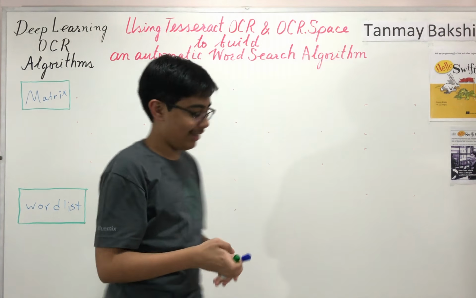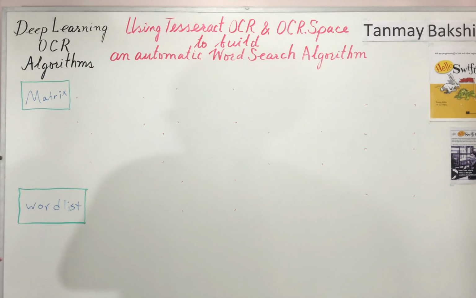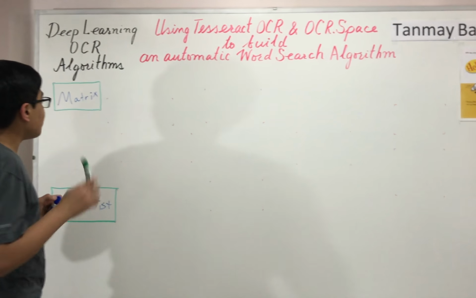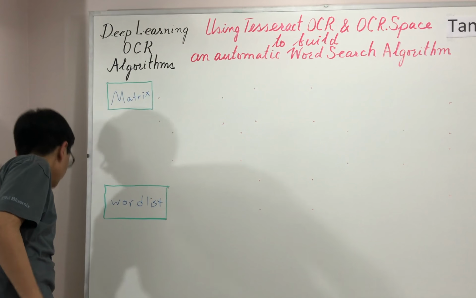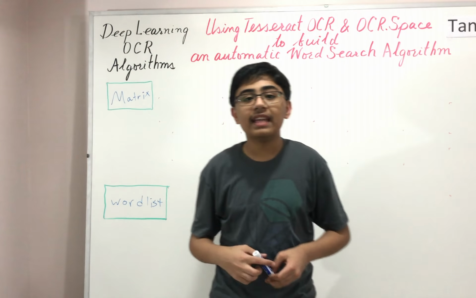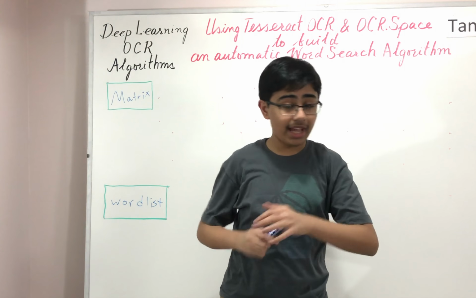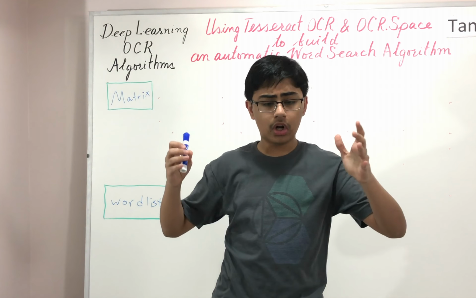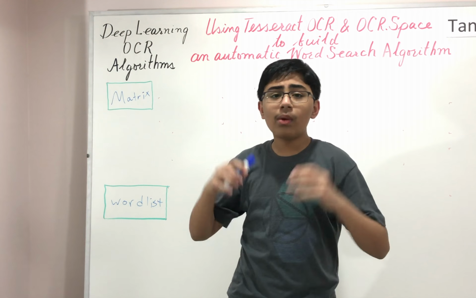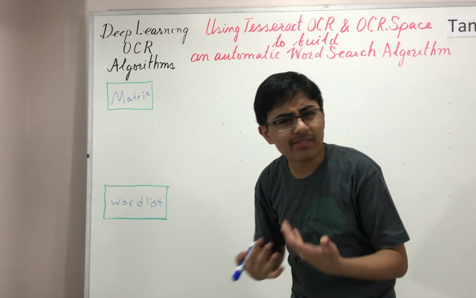Alright, so now we can go back over here. Now the thing is, the matrix and the word list, let's start off with the matrix. The matrix itself needs to go over to a program to help clean up the image. Because when you take an image with your iOS device or scan your word search, the matrix doesn't necessarily have the best image quality.